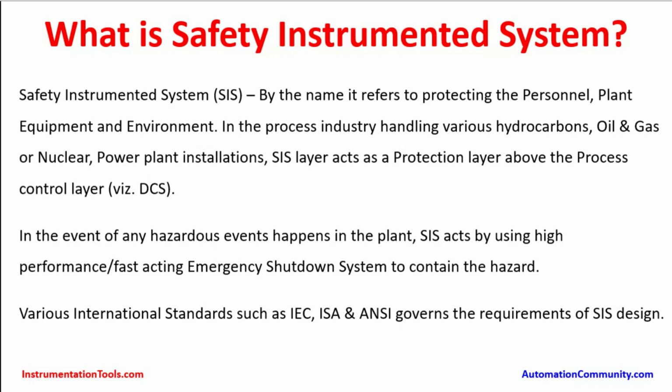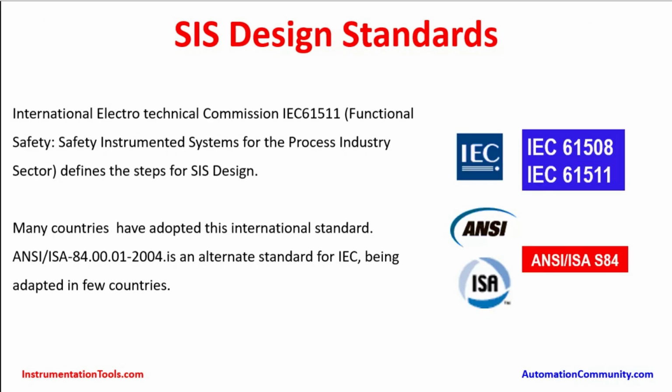Various international standards such as IEC, ISA and ANSI govern the requirements of this design. We will look at it here. These are the design standards we talked about earlier. IEC stands for International Electrotechnical Commission. There are two different standards applicable to the safety instrumented system: one is IEC 61508 and the other is IEC 61511.